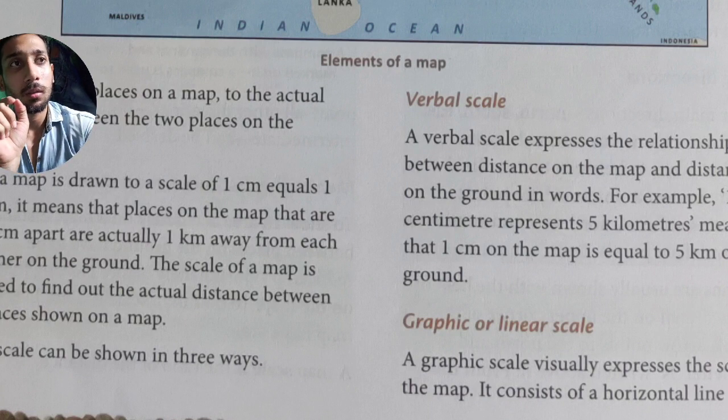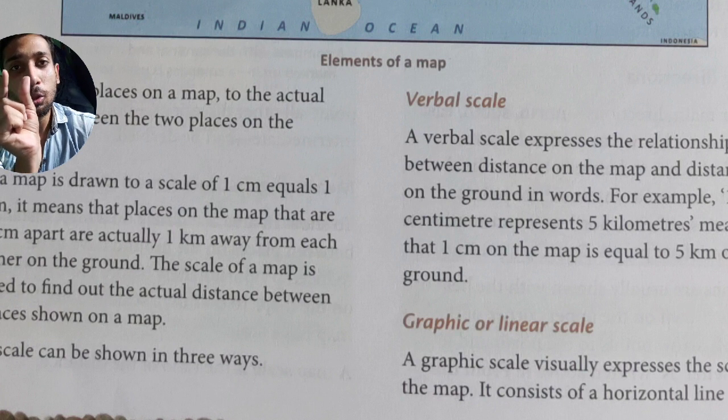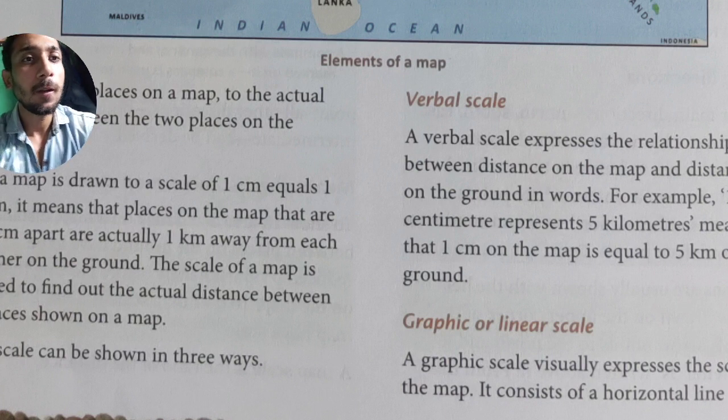Before reading the map, you have to look at your map scale, and if the map scale tells you that the map is represented with 1 centimeter to 5 kilometers, then the distance you get on the map is 1 centimeter, which on the earth surface will become 5 kilometers, okay.